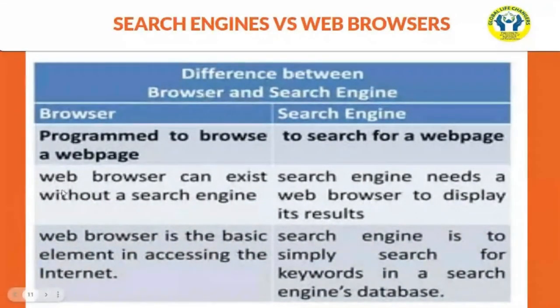Secondly, a web browser can exist without a search engine, but a search engine needs a web browser to be able to display its results. Also, a web browser is the basic element in accessing the internet, whereas a search engine is to simply search for keywords in a search engine's database.